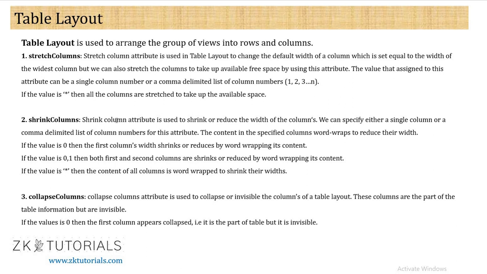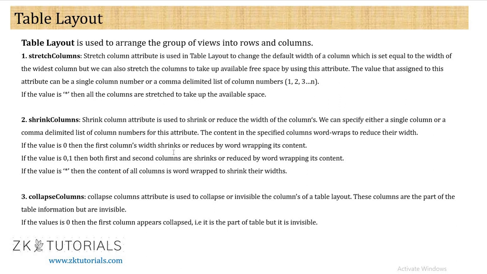Shrink columns. The shrink column attribute is used to shrink or reduce the width of a column. We can specify either a single column or a comma delimited list of column numbers for this attribute. So the content of the specified columns is word wrapped to their width. If the value is 0, then the first column width shrinks by word wrapping its content.